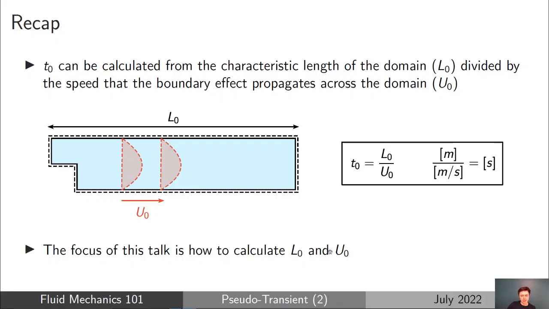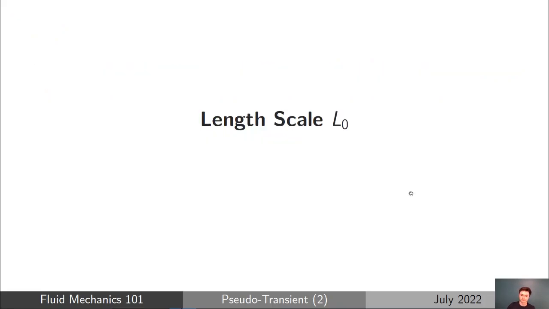So what we need for this calculation is a method to calculate the characteristic length of the domain L0, and a method for calculating the characteristic speed u0. Once we have those, we can calculate the characteristic time and then take a fraction of this to give our pseudo time step for the pseudo-transient approach. And the focus of this talk is going to be on how to calculate L0 and u0.